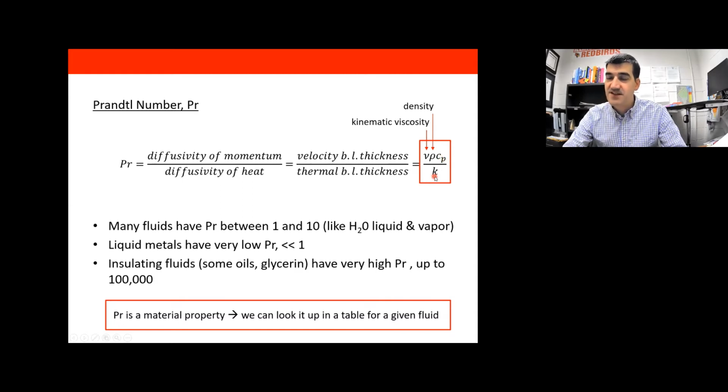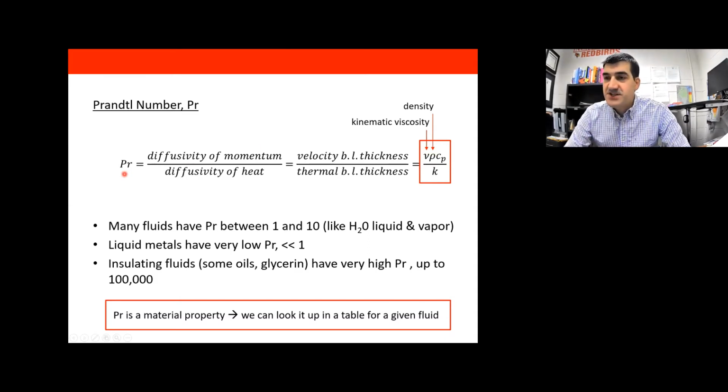And this is the thermal conductivity of the fluid. So you could calculate the Prandtl number if you know these terms. So it's possible that I could just give you these terms and you'd have to calculate the Prandtl number. Either one of those situations could occur. I could just give you the Prandtl number, or I could give you these values right here, and you could use these to calculate the Prandtl number.